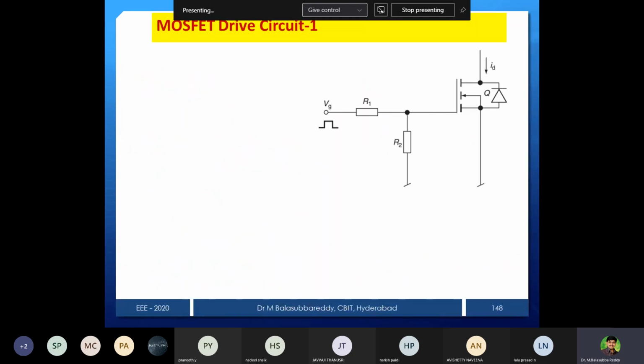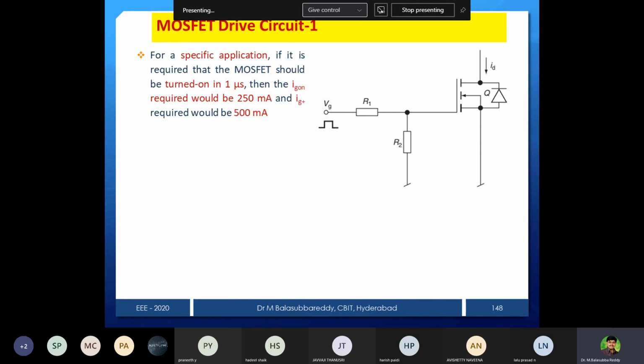Now you can see that is the basic idea. Now there is a driver circuit for the MOSFET. In that driver circuit, there is a resistor R1 as well as a resistor R2. A specific pulse is provided to the gate. If the turn on is in 1 microsecond, then IG on required would be 250 milliamperes of current.